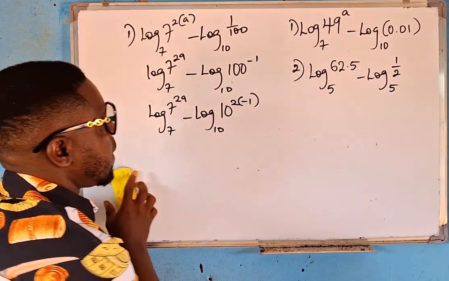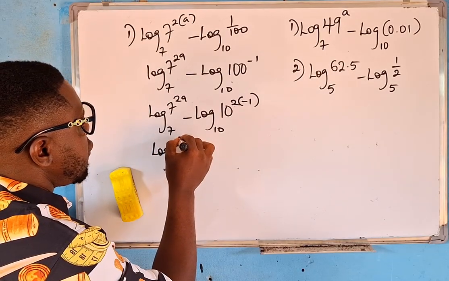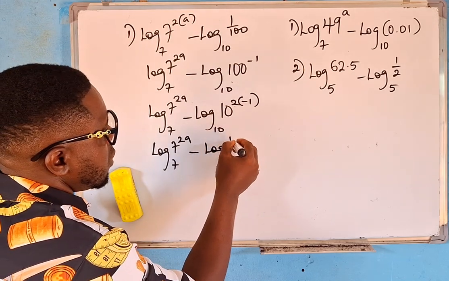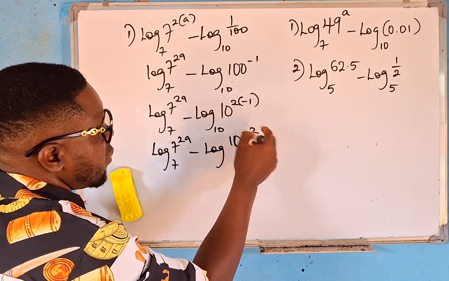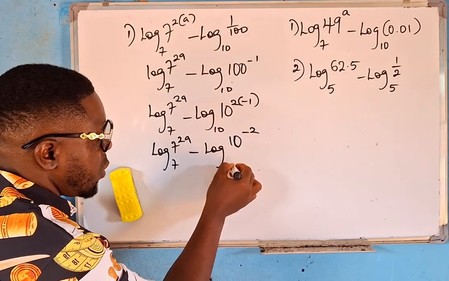Now, this will give us log 7 to the power of 2a base 7 minus log 10 to the power of minus 2, because 2 multiply minus 1 will give us minus 2, in base 10.